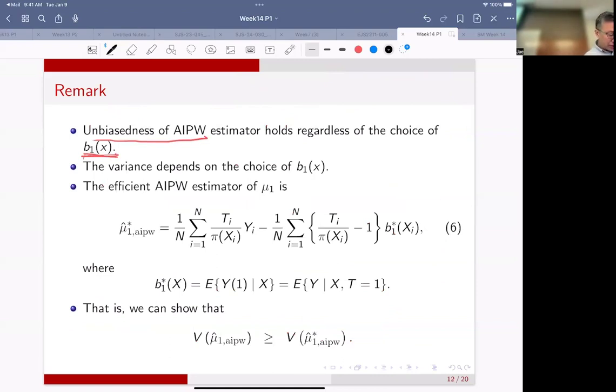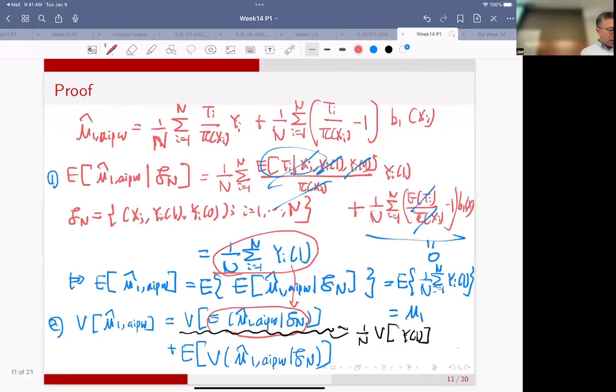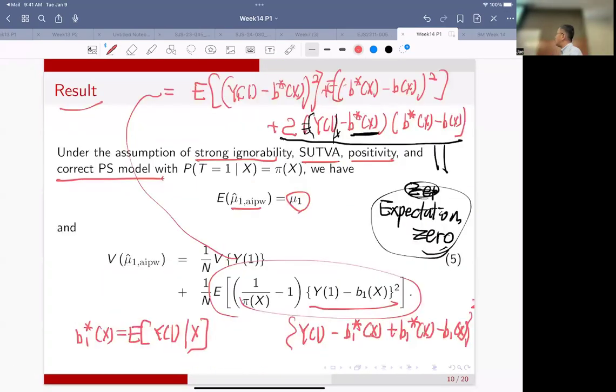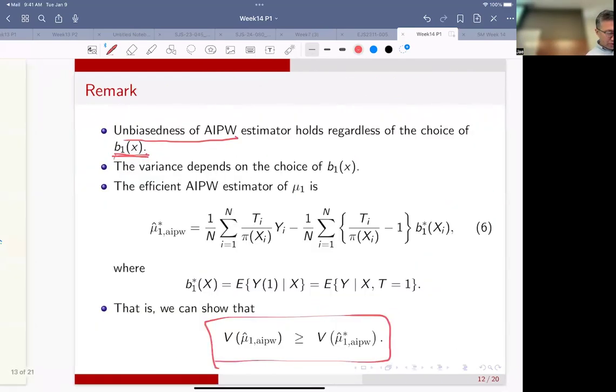So we can show that... I don't have to show all the details, but I want to show the critical part of the proof, and it's probably better for you to check it by yourself. That's probably a better way of learning.